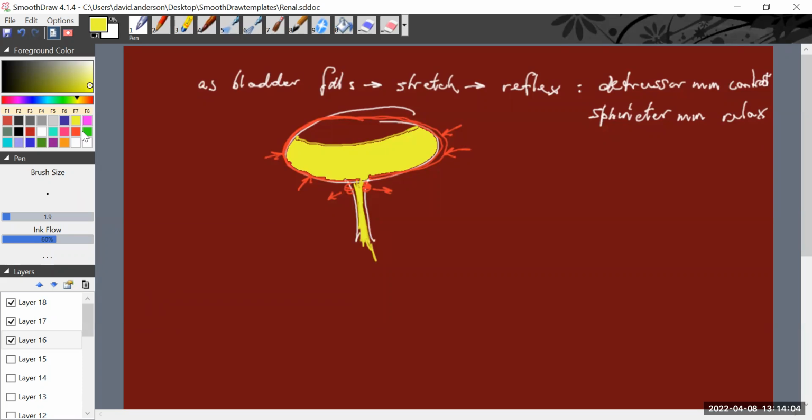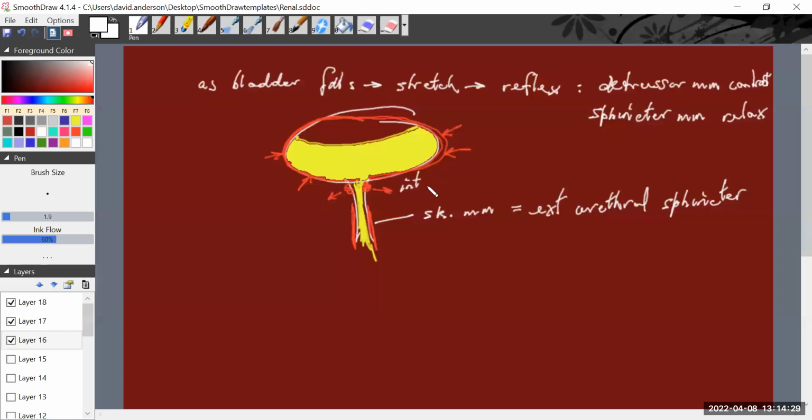Now we also have, along the length of the urethra, some skeletal muscle. And that's known as the external urethral sphincter.